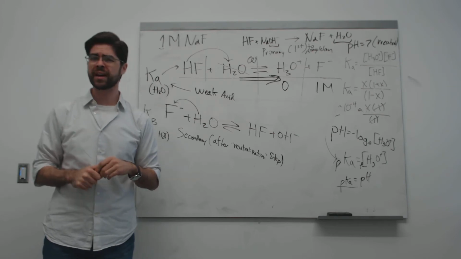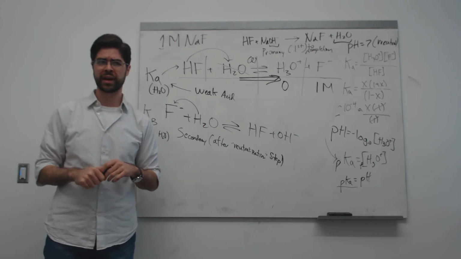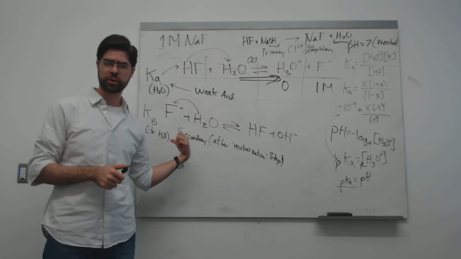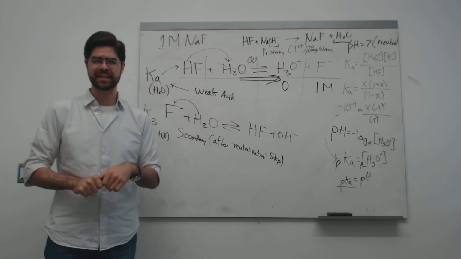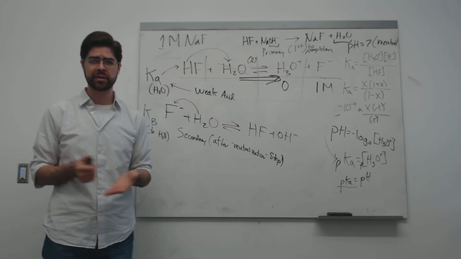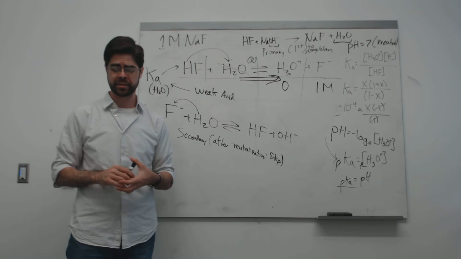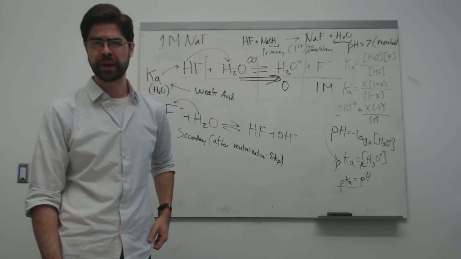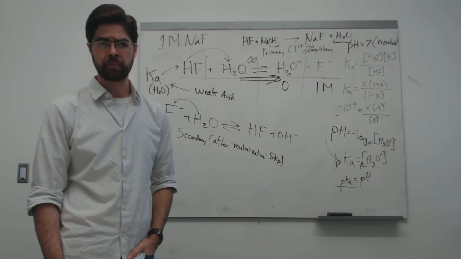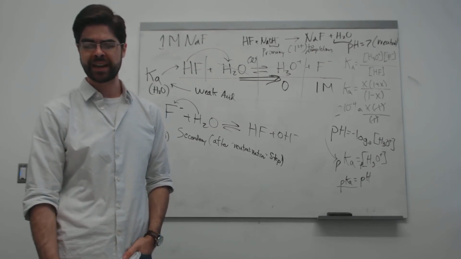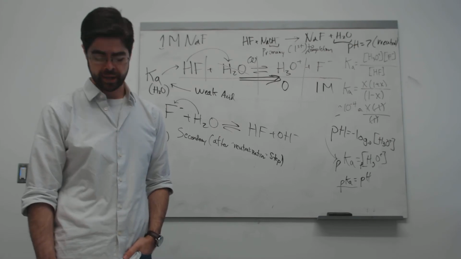So you can kind of contextually tell whether something's a weak acid or a weak base. If you're given a Ka or a Kb, you can pretty safely assume it's a weak acid or a weak base. Other than that, I would say just learn the strong acids, memorize them. That's something that people will basically expect you to do anyway. After you've taken a chemistry course, you should at least have some knowledge of the strong acids and bases.